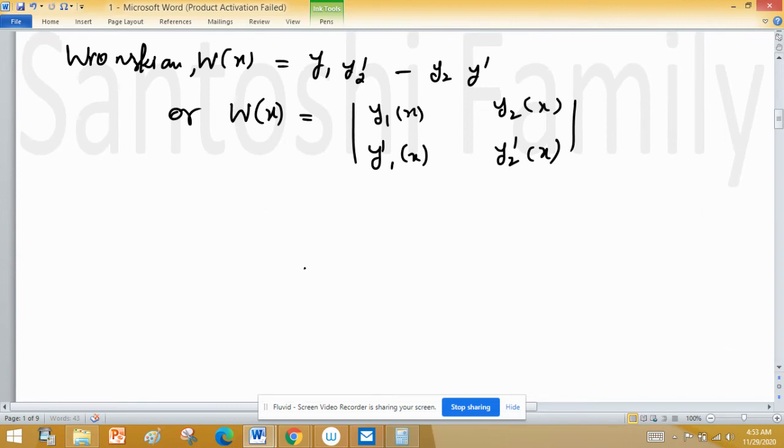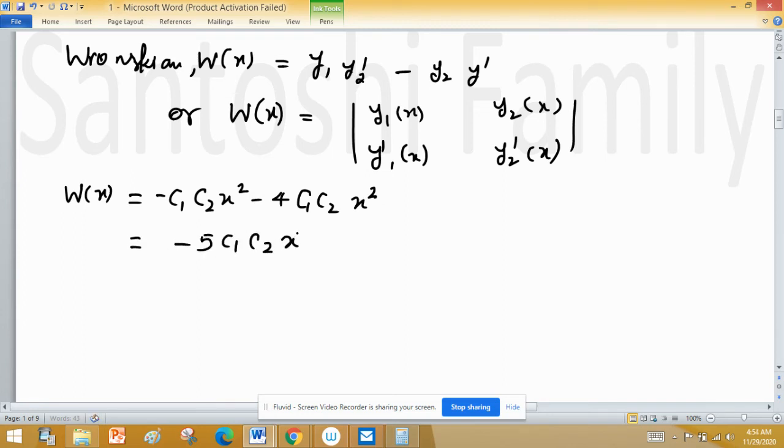Now put the values of y1, y2 and their respective derivatives. So W(x) will be c1 c2 x² − 4 c1 c2 x², or you can write −5 c1 c2 x².